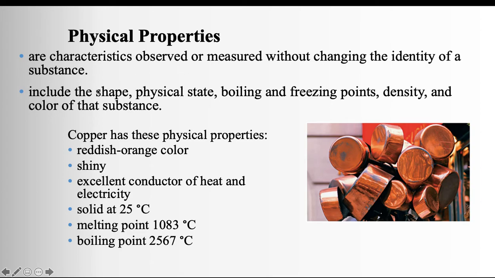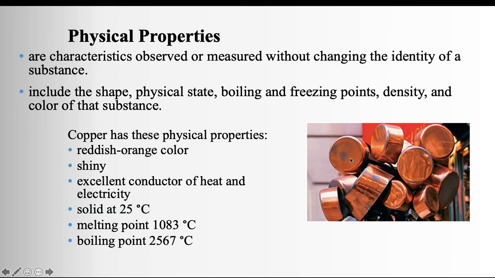Some of these properties include the shape, the physical state, boiling, freezing, or melting points, the density of the particular object, the color, or any other characteristics that can be observed without changing the substance.